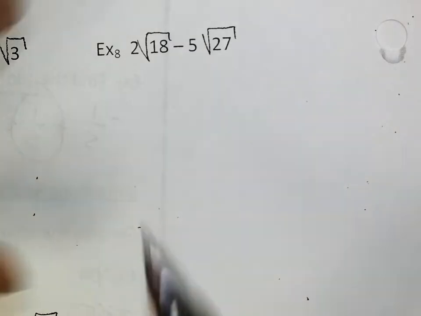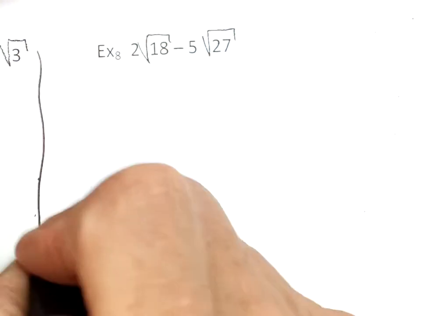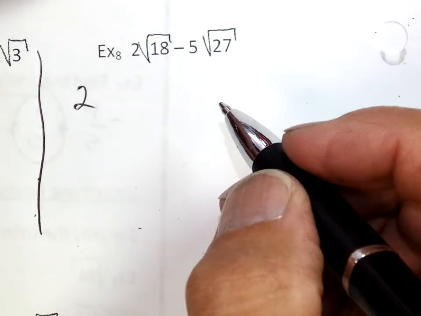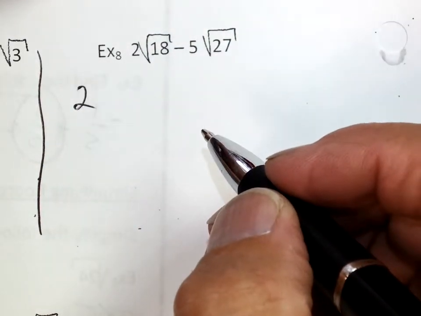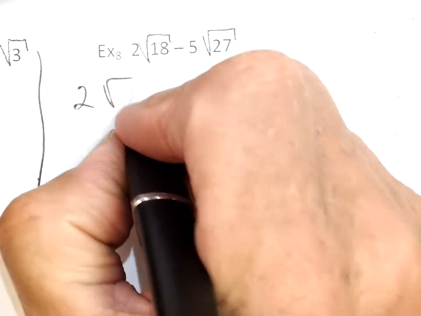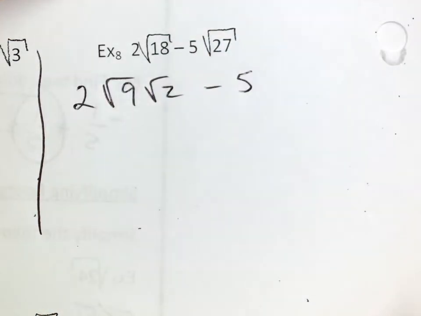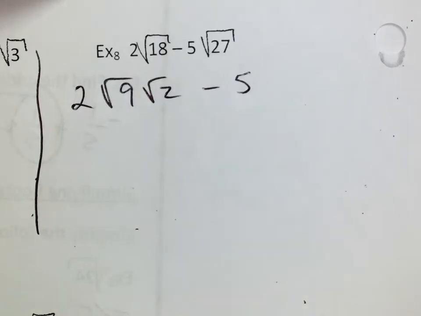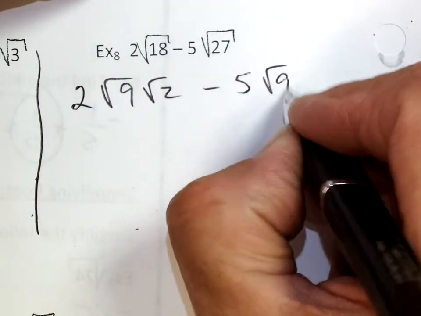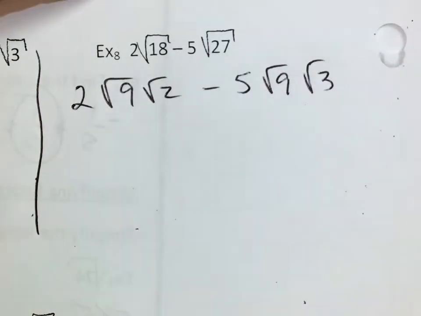I'm going to get 2. What do you think with 18? What's a good combination? 9 and 2. Square root of 9, square root of 2, minus 5. What's a good combination for 27? 9 times 3, okay? How am I doing?